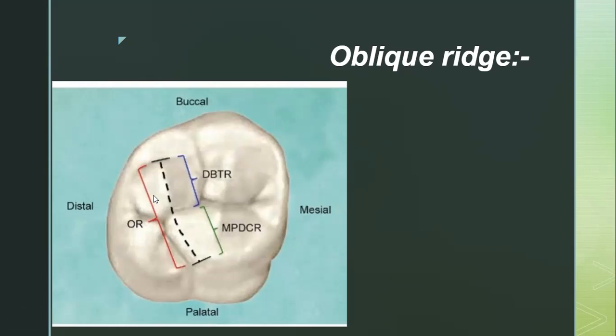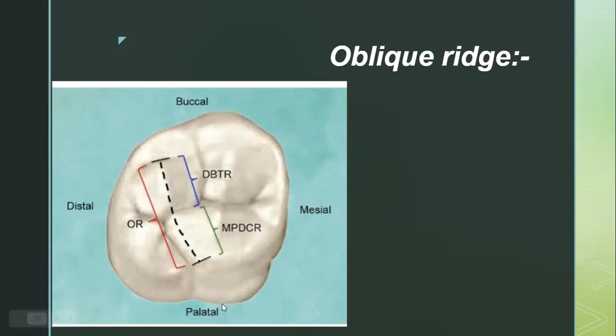So it is formed by the union of the triangular ridge of the distobuccal cusp and the distal cuspal ridge of the mesiolingual cusp. This is the distal cuspal ridge of the mesiolingual cusp, or mesiopalatal.